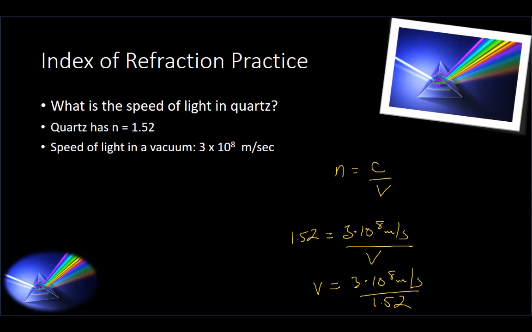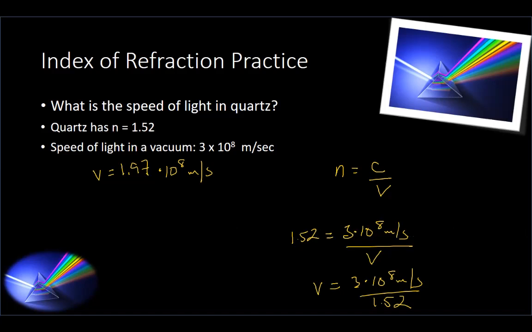And what we end up with is the velocity is equal to 1.97 times 10 to the 8th meters per second. Let's see if that's what I got the other day. Hey, look at that, 1.97 times 10 to the 8th meters per second. Excellent.